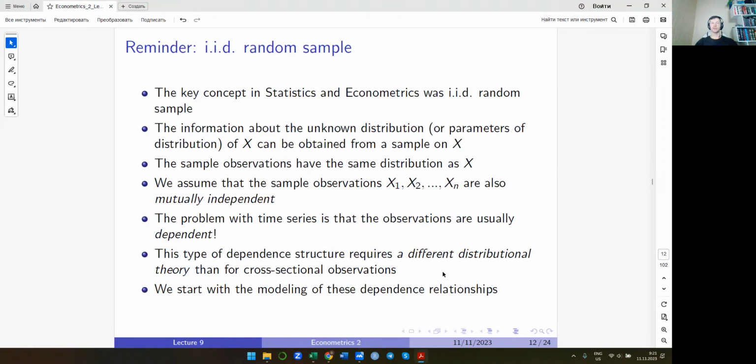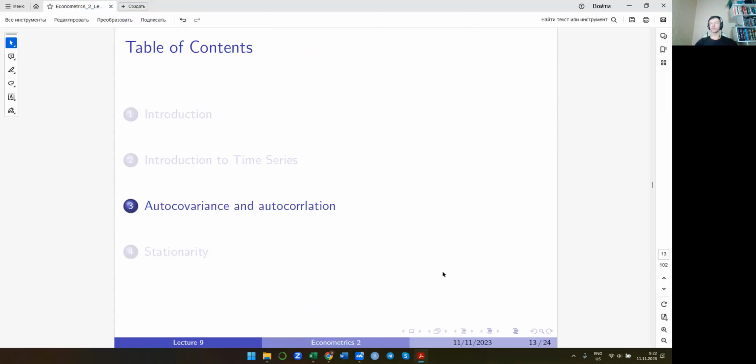And we will take some parts of this theory. We are not going to discuss the whole distributional theory of time series, of course, but the most important concepts, the most relevant things we will discuss. And the most relevant things are the following: autocovariance, autocorrelation, and stationarity.